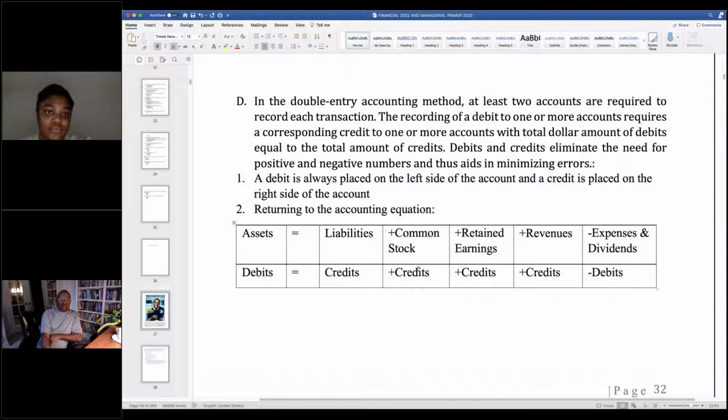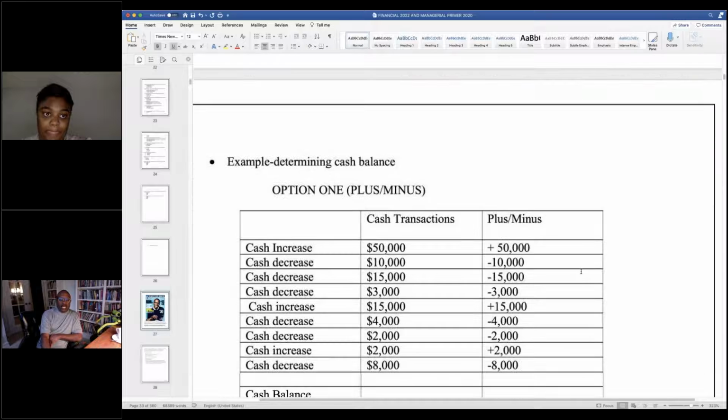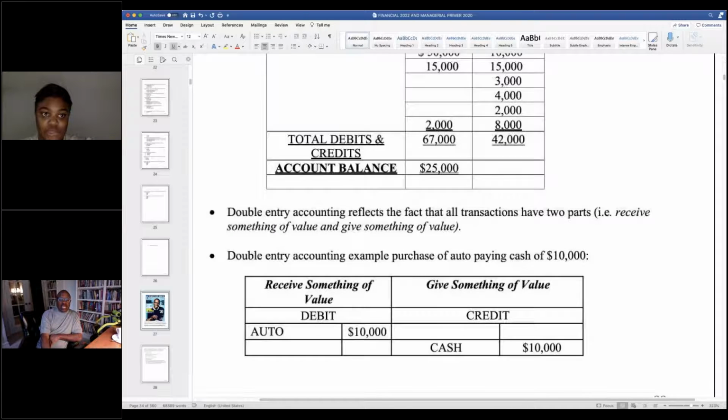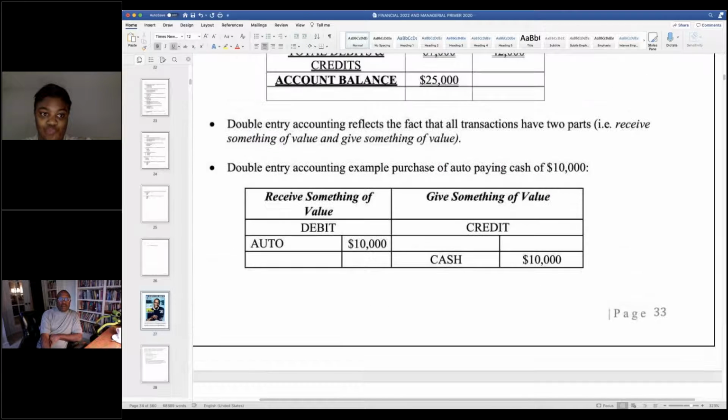So you should always be kind of familiar with this. Let's just look at this. In double entry accounting, say you bought a car for $10,000. You received something of value, that's the auto, which is debited. You gave up cash of 10,000, that's the credit. So what you receive is the debit of value.